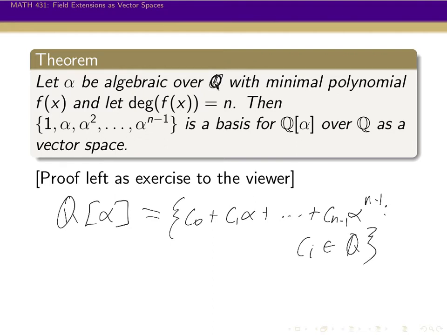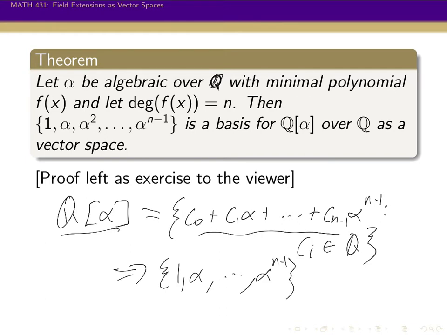And so this right here, saying that everything in here can be written like this, is showing that 1, alpha, up to alpha to the n minus 1 is a spanning set. And so what's left to prove here is that this set is linearly independent.